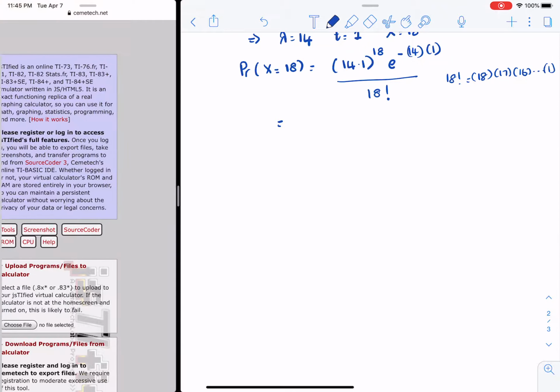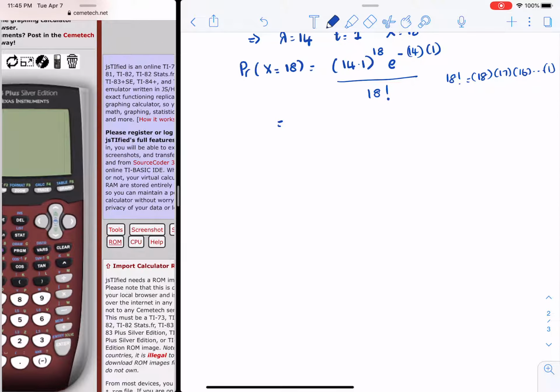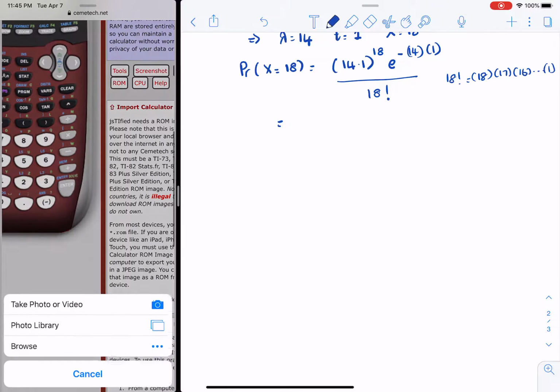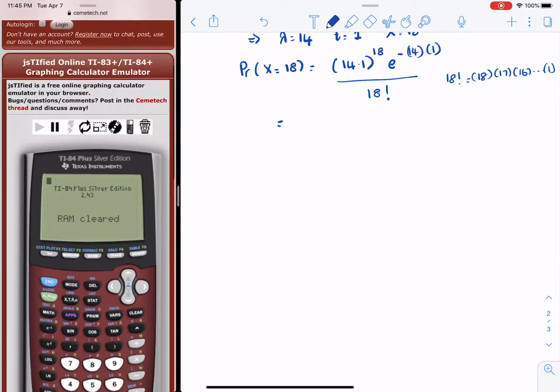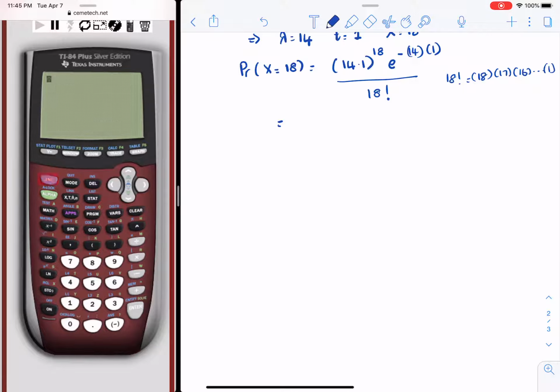Now, if we have the calculator, we can use the Poisson PDF function to find this answer. So this would simply be 18, 14, and that ends up being 0.0655.